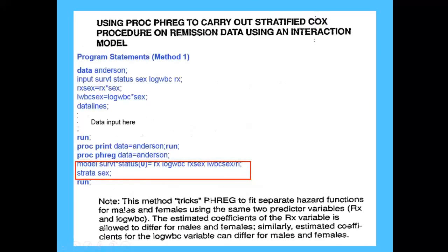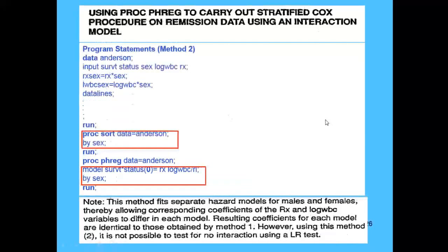Now, let's look at this slide first. What did I do here? It says by sex, sort by sex, and then run this model. Do you see sex in this model? No. Do you see strata sex? Do you see by sex? What are we doing here?